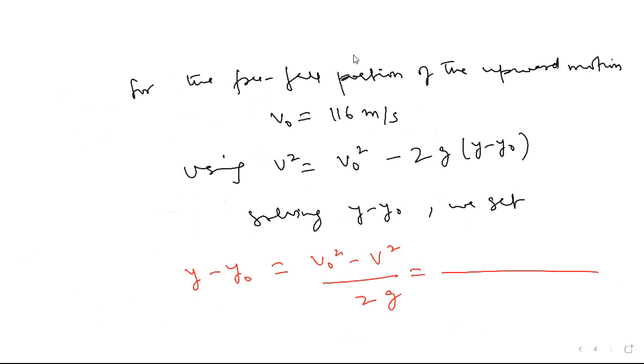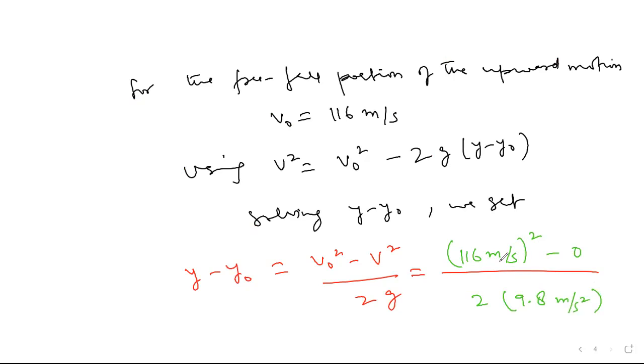So my v naught is now 116 meters per second, then there is square. My final velocity is 0, so it is 0. Then there is twice the acceleration due to gravity, 9.8 meters per second square.